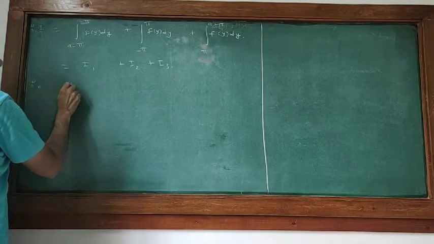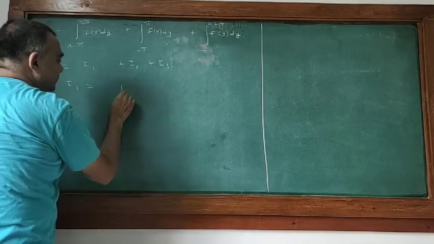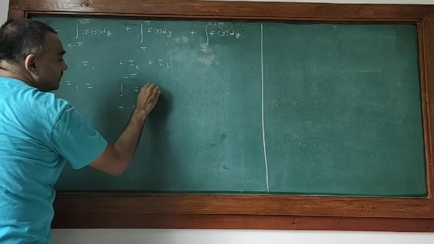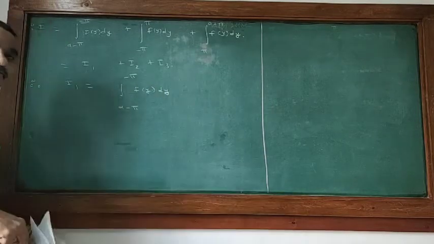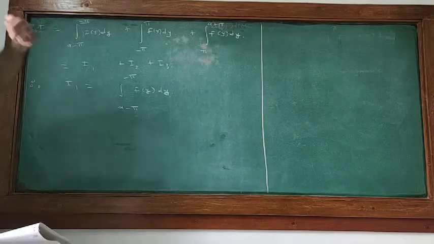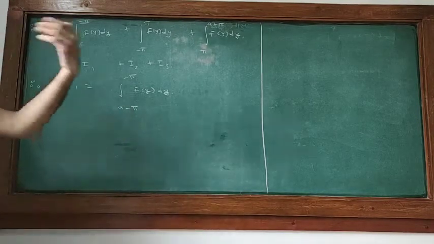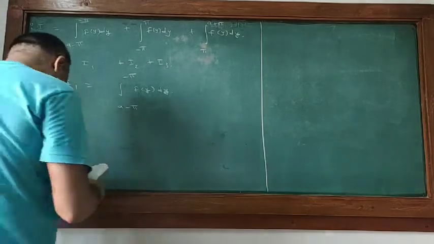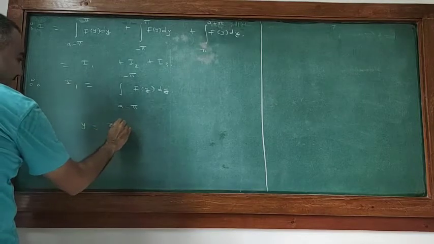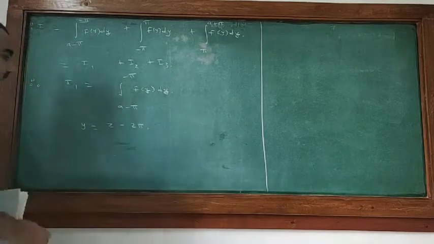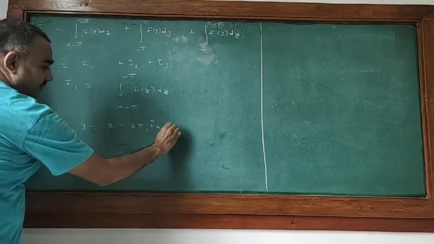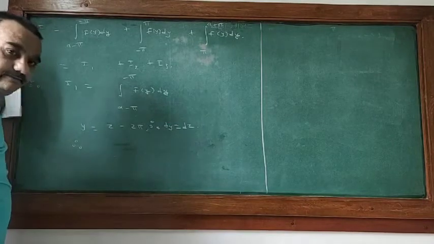Therefore, I1 is the integral from a minus pi to minus pi of f of y dy. I started from here and we are doing some guessing to find something. Suppose y equals z minus 2 pi, and therefore dy equals dz obviously.